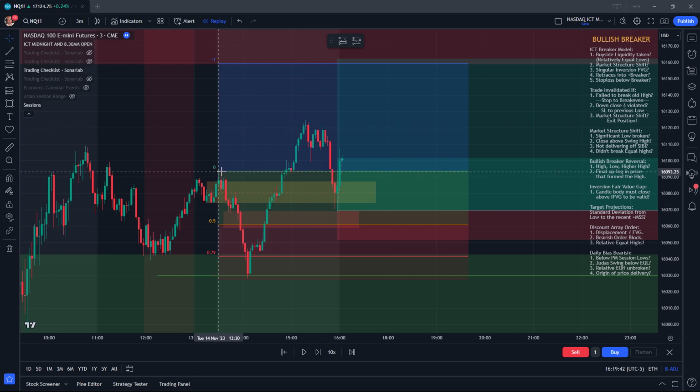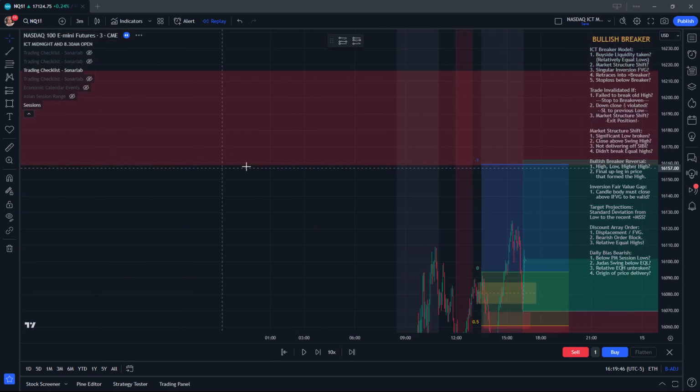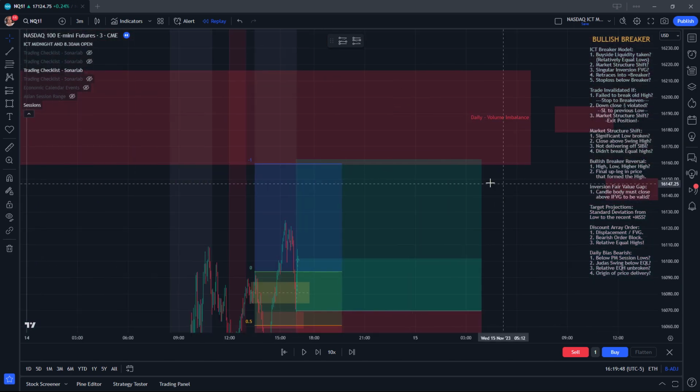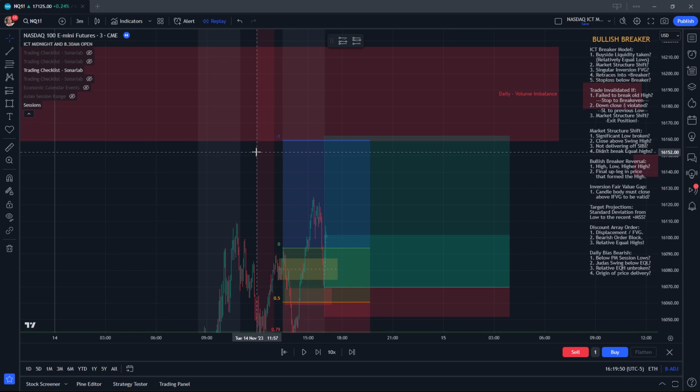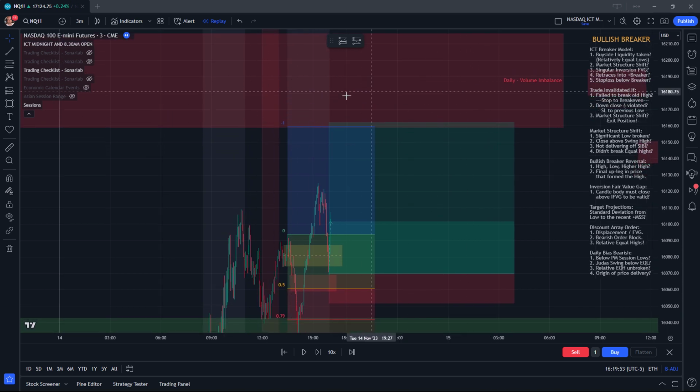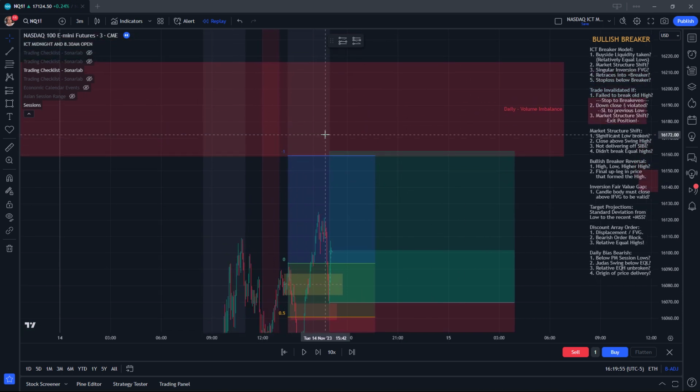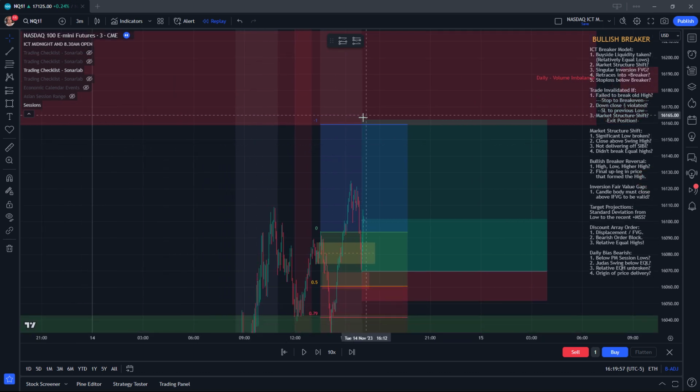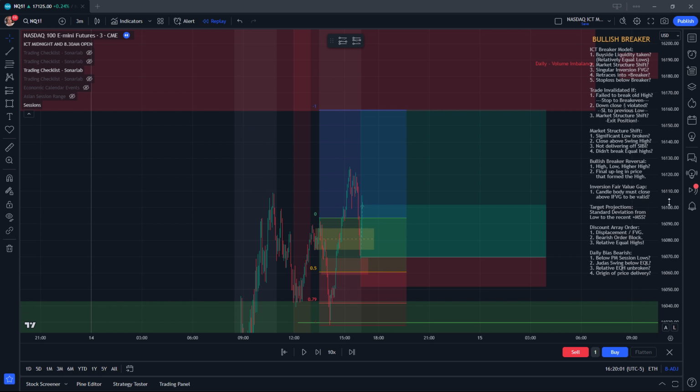That was the level in which price created that market structure shift, and that gives us a target that lines up nicely with our daily volume imbalance. So if we were asking, is there a reason for price to go there? Well, we've got a higher time frame PD array to aim for.